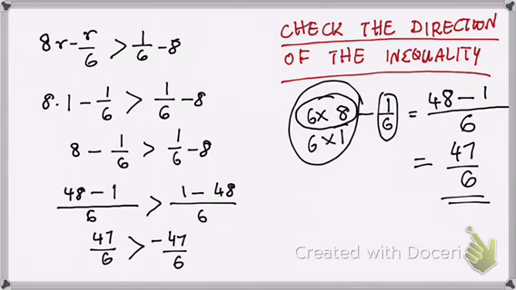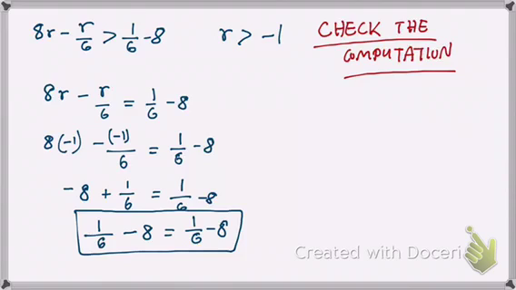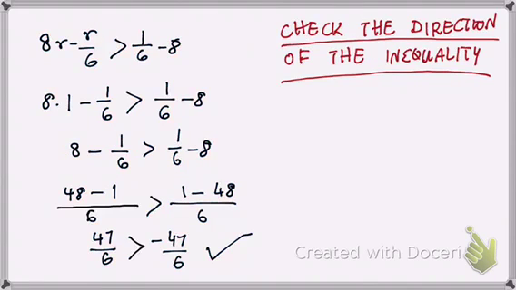So this is correct. So the inequality is correct, and this is how we check the solution. Here you are asked to check the solution as well, and this is how you check it.